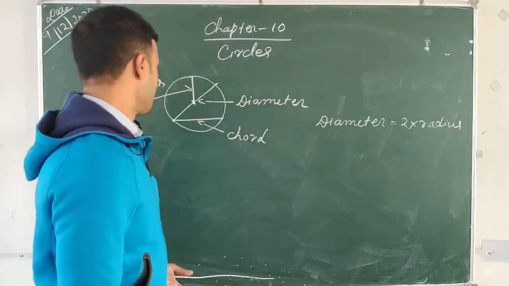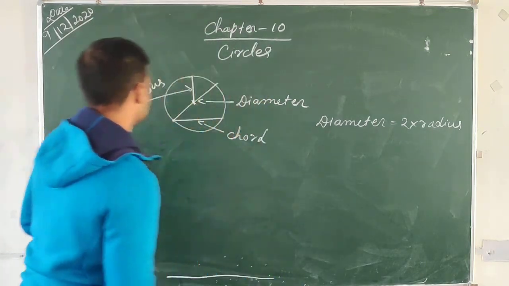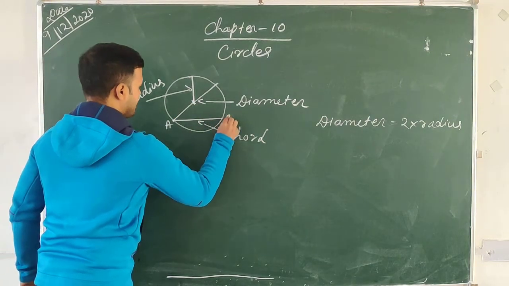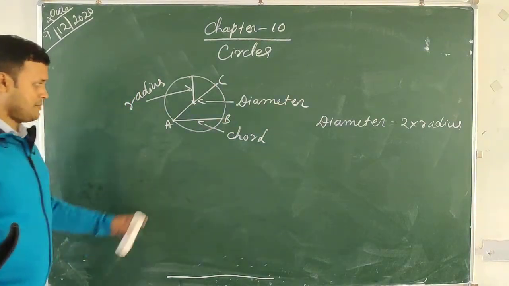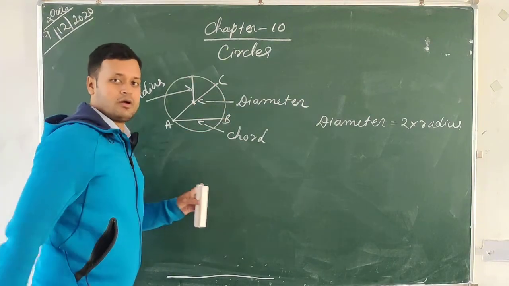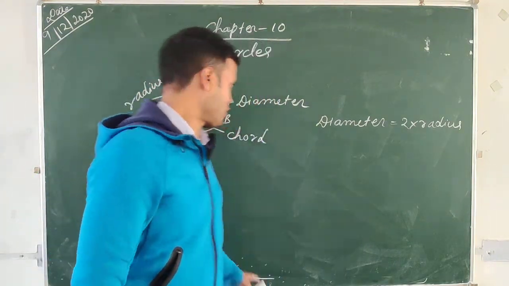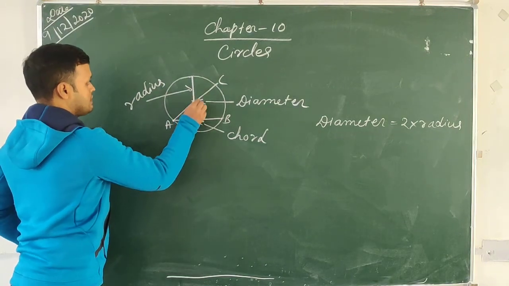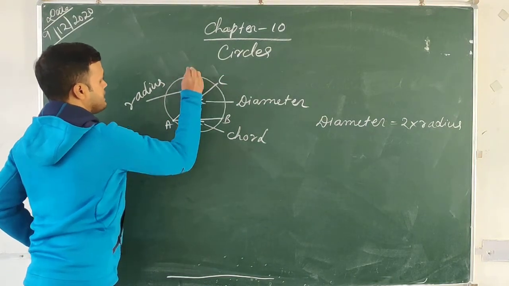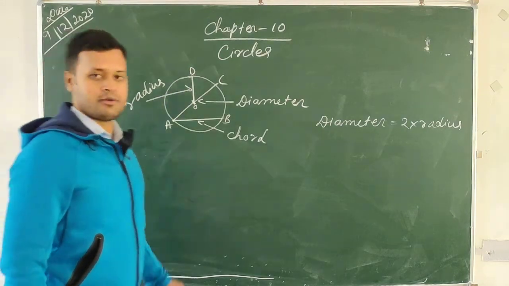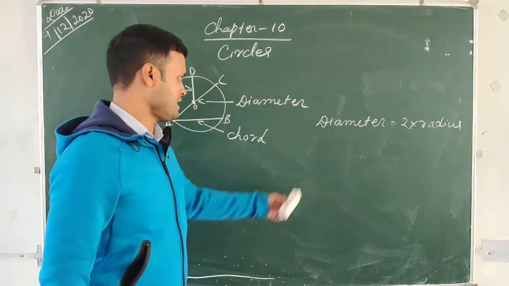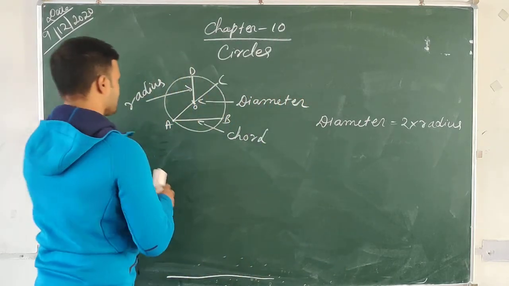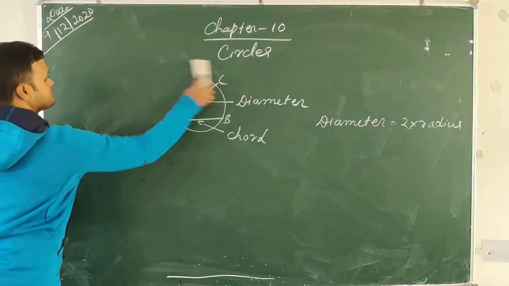Suppose this is A, B, and C. So AB is a chord, and AC is also a chord, but AC is the longest chord. The longest chord is also called the diameter, and from the center of the circle, any line segment to the circumference is called the radius. As I said, diameter is 2 times the radius. Again, some more terms we'll see.